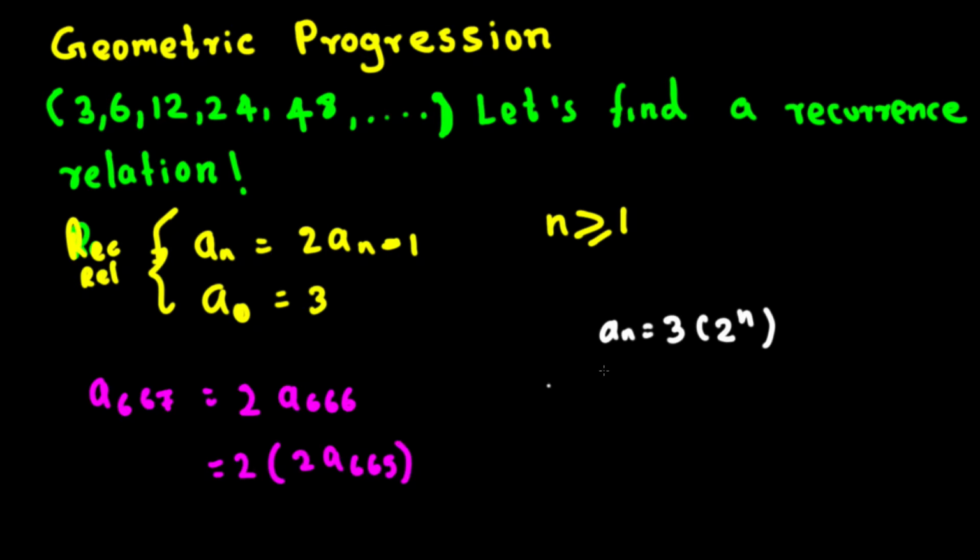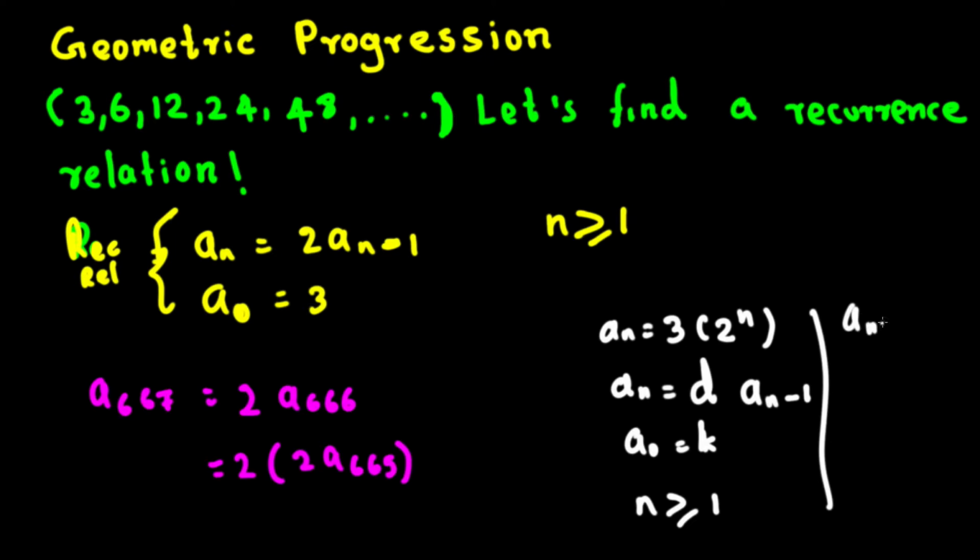So we can put another formula for this one: a_n is equal to d, times a_(n-1), and a_0 is equal to k, and n should be greater than or equal to 1. So we can express a_n as k times d to the power n, where d is actually 2 here, not the initial one. So we can expand like this, with n greater than or equal to 0 in this case.